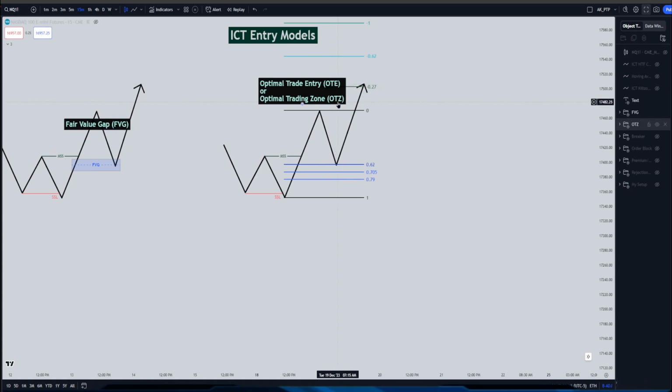Why I say OTZ every time is because this is the trading zone that we use to enter into a trade, and the entry that we take is called optimal trade entry because that's the optimal trading zone. That's where we look for the setup and the market reacts from there, or we enter from there. The entry or the execution that we do is called the optimal trade entry. That's why ICT called it optimal trade entry.